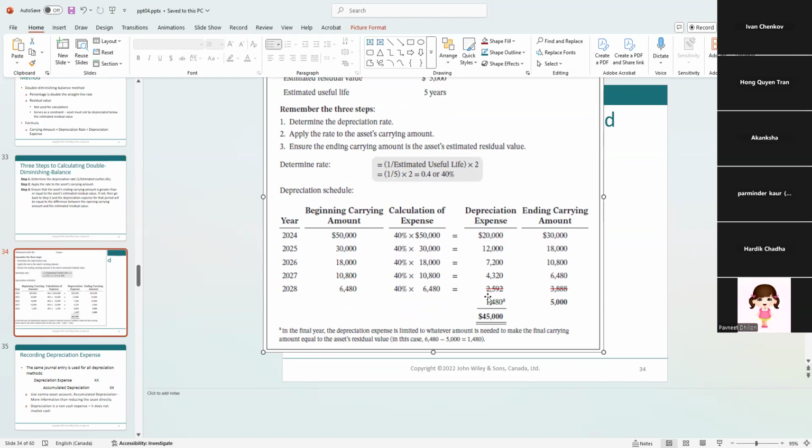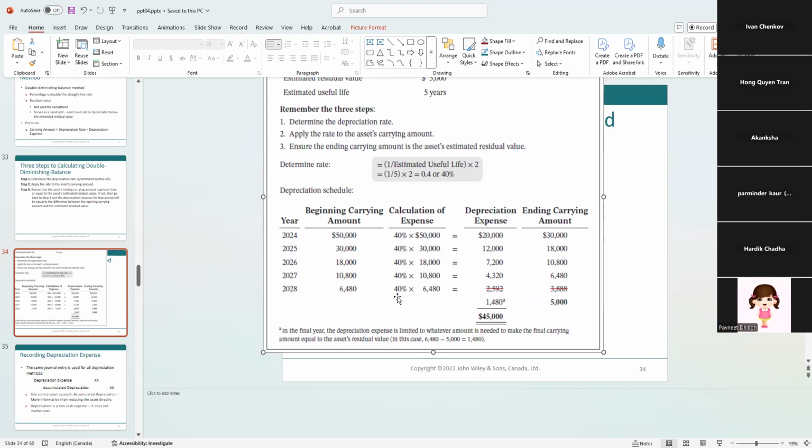So in the year when you see that accumulated depreciation starts exceeding $45,000, you're not deducting the amount that you simply get from your calculation. You're adjusting in the year that you're exceeding the depreciation, adjusting to the balance that you want to reach.